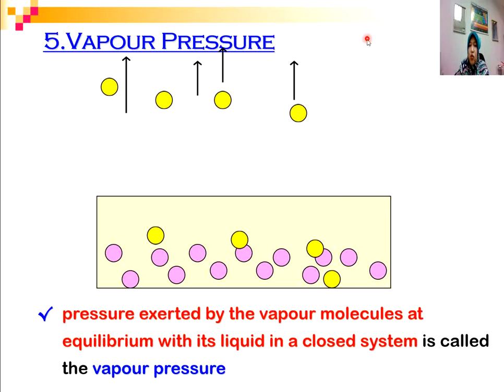At this time, when we measure the pressure in that closed system, that pressure is what we call the vapor pressure, the pressure exerted by the vapor molecules above the surface of the liquid, when the system is at equilibrium in which the rate of vaporization is equal to the rate of condensation.